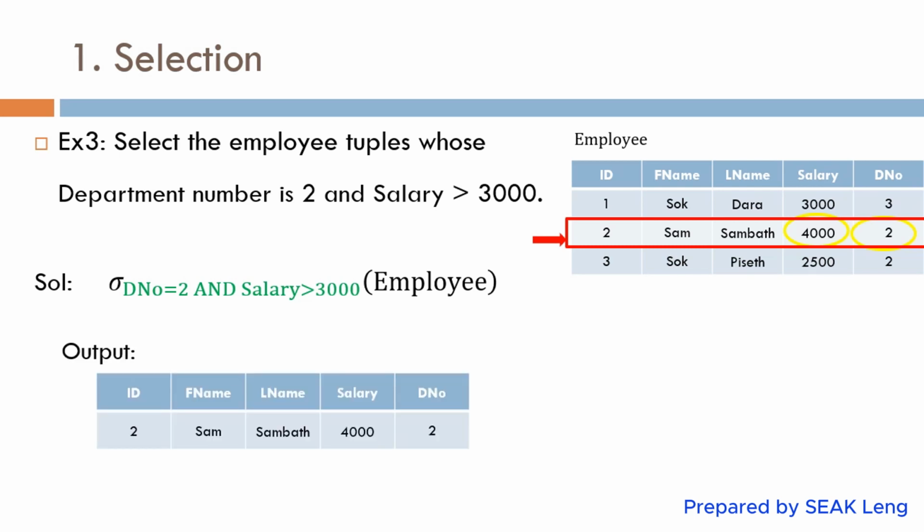The output is the one row selected from the relation employee that satisfies both conditions. So we have ID equal to 2, F name Sum, A name Sambat, salary 4,000 and D name equal to.